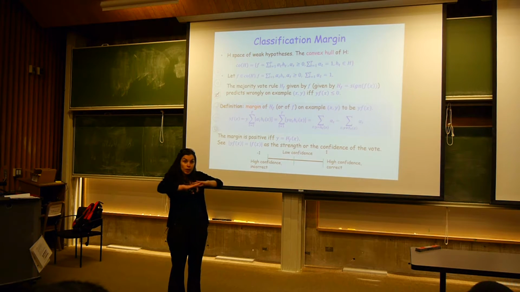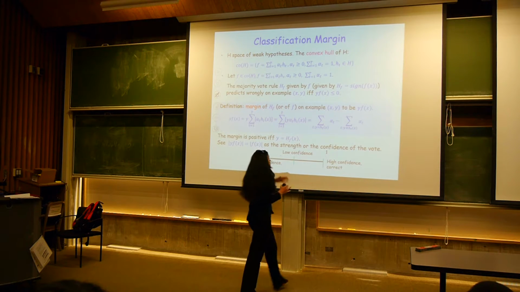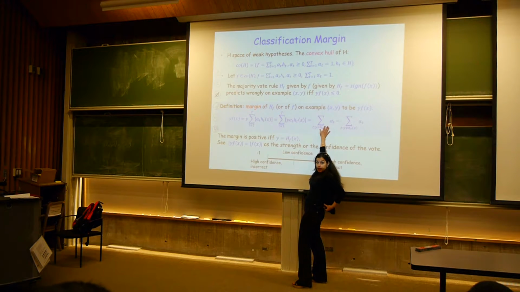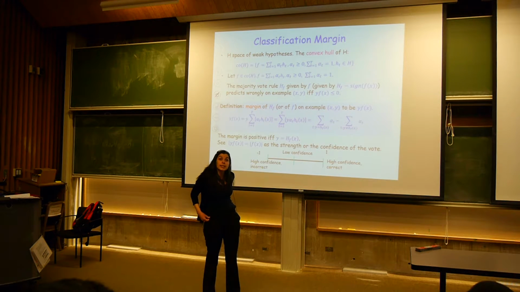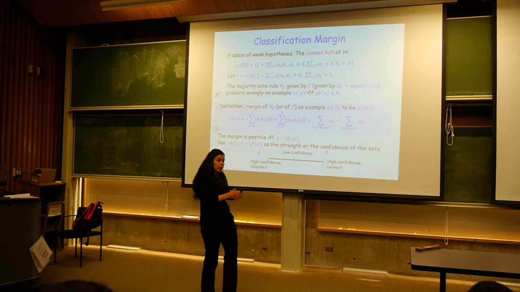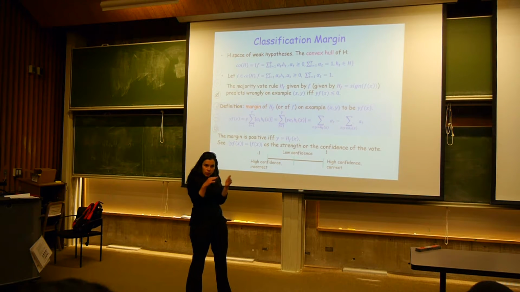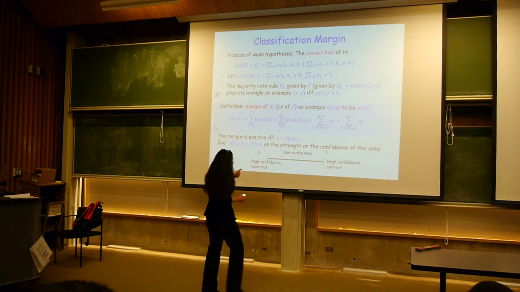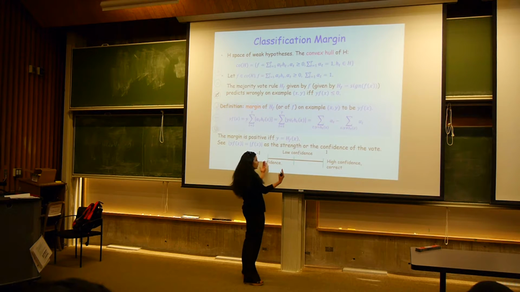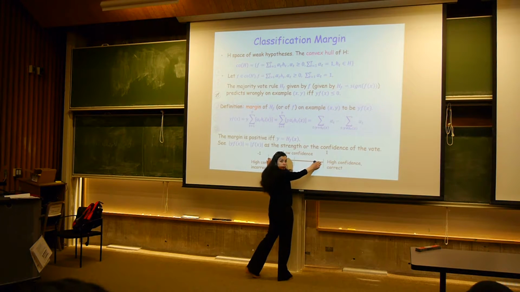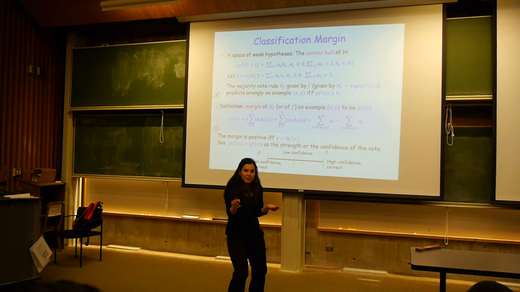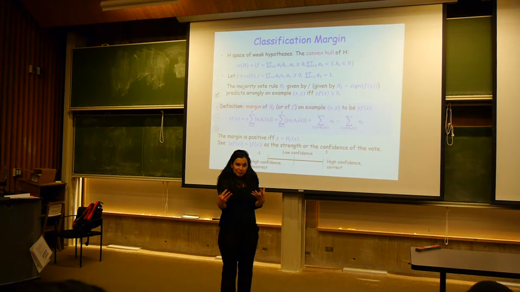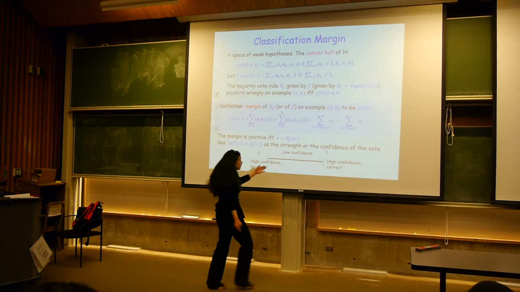So after I renormalize the weights to sum up to 1, the margin is the amount of weight I have on the weak learners that agree with the true label minus the amount of weight I have on the weak learners that disagree with the true label. After I do this normalization, you can argue that the margin is between -1 and 1. If it's 1, that means my classifier has high confidence and it's entirely correct. If it's 0, it means it has very low confidence.